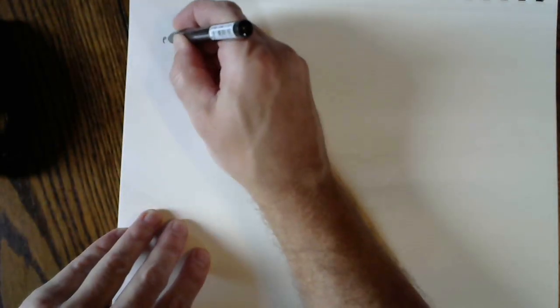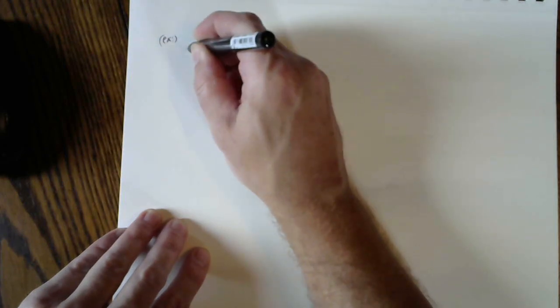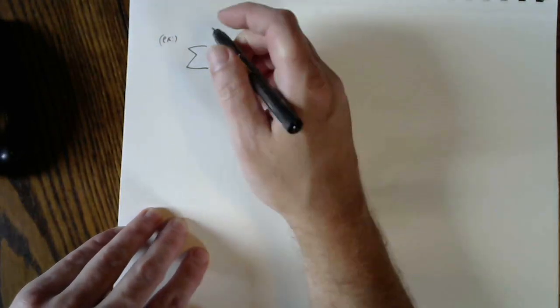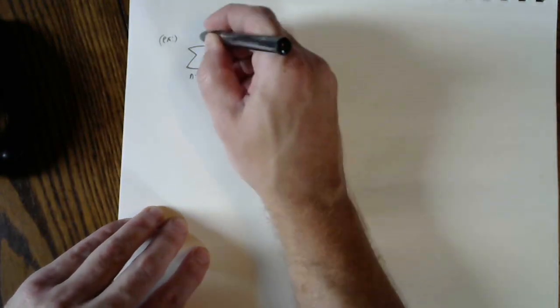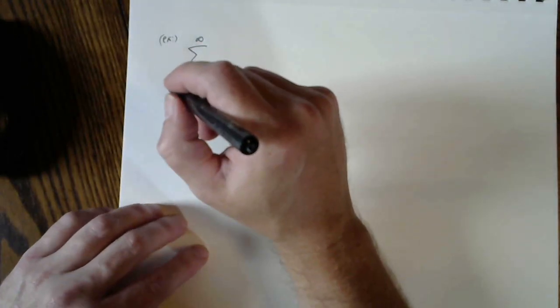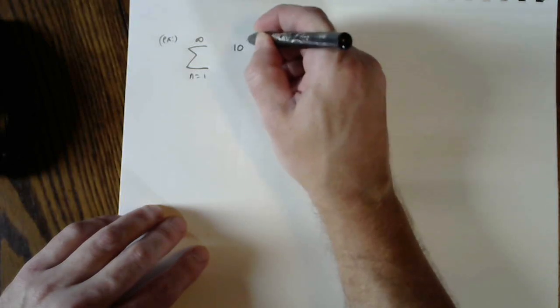A couple more that'll show you some common elements of these. Let's try this one. Another example here. A little bit more involved. Again, the question is, does it converge? Does it diverge? So I have the sum from 1 to infinity, and I'll have in the numerator 10 to the n.